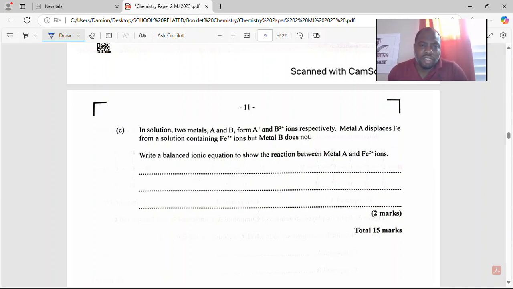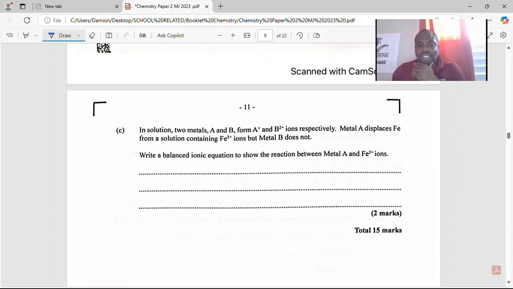So C says, in solution, two metals A and B form A plus and B2 plus ions respectively. Metal A displaces Fe from a solution containing Fe2 plus ions, but metal B does not. Right? So in that case, what would you say if you were asked about the reactivity?